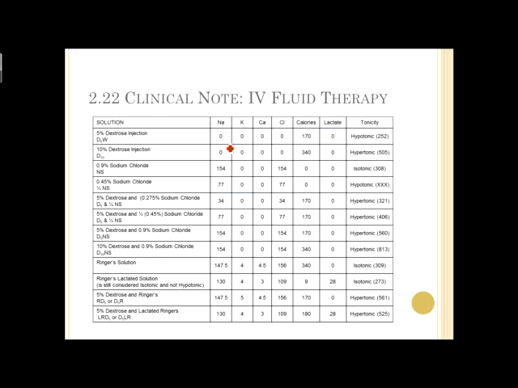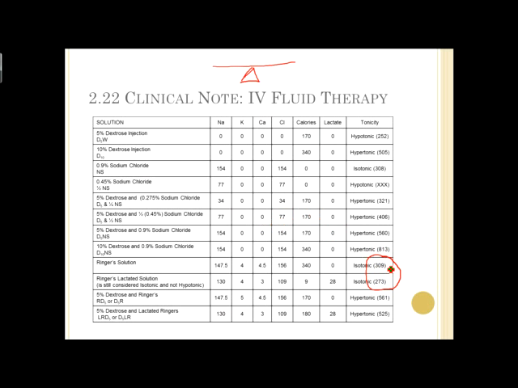Tonicity of fluids. So this is IV fluid therapy, and this is a clinical note. Now, if everyone will come down here and take a look for a second, as long as we're about 300, we have a substance that is considered to be balanced. There is no net movement of fluid.